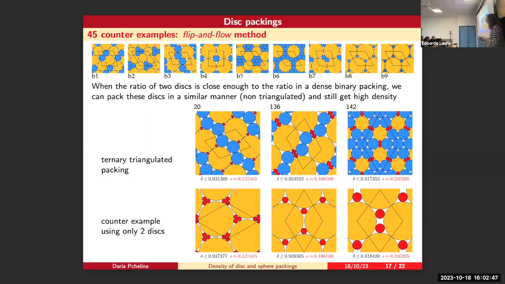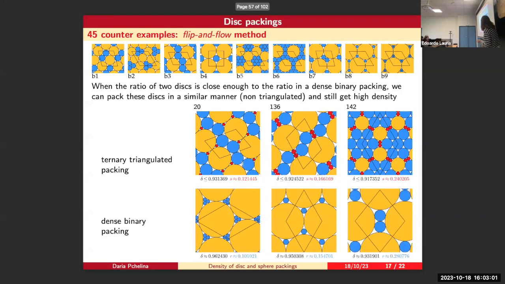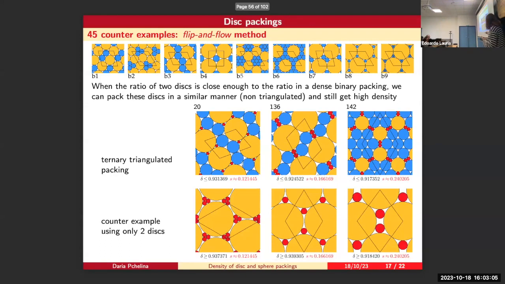We also noticed that for some of the ternary triangulated packings, the size of the smallest disk is rather close to the size of the smaller disk in one of the binary packings, like for instance this one. So we can apply this transformation by deflating the small disk until it matches the size of the small disk here.